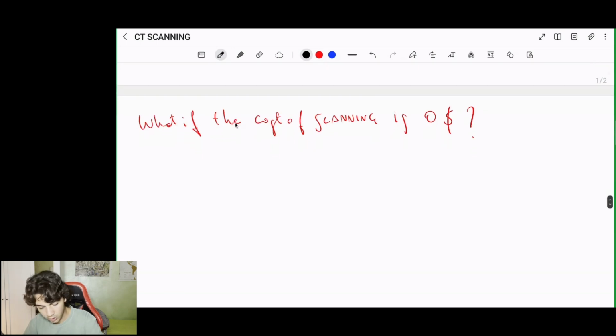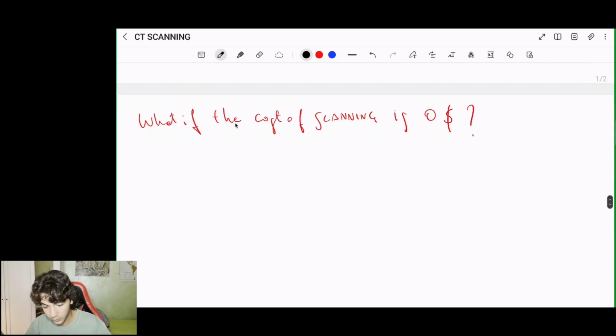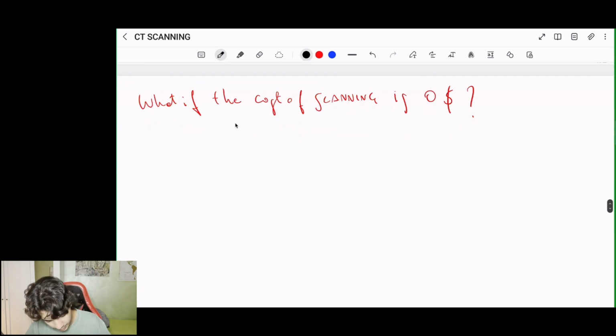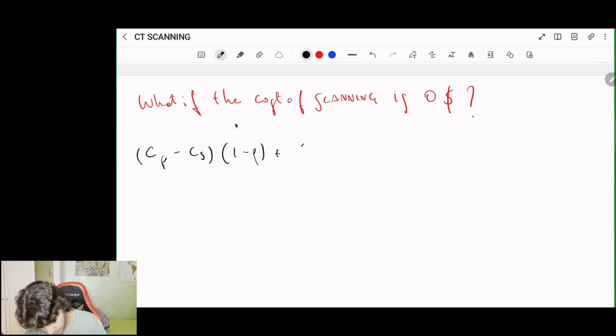And if we go back to our inequality, so our inequality says that your expected value from scanning a booster pack is this guy right here, right? And you want this to be greater than this.